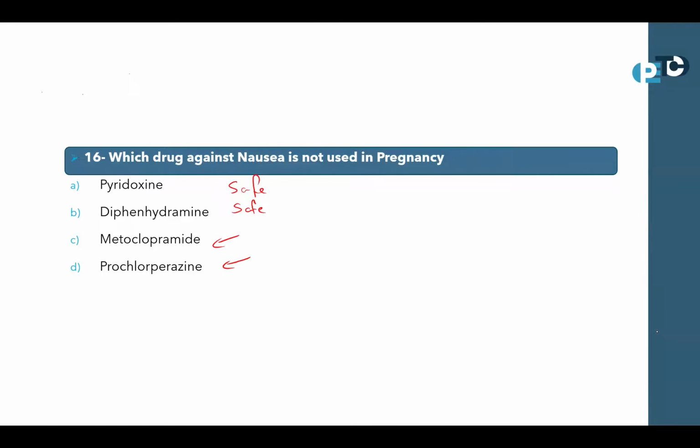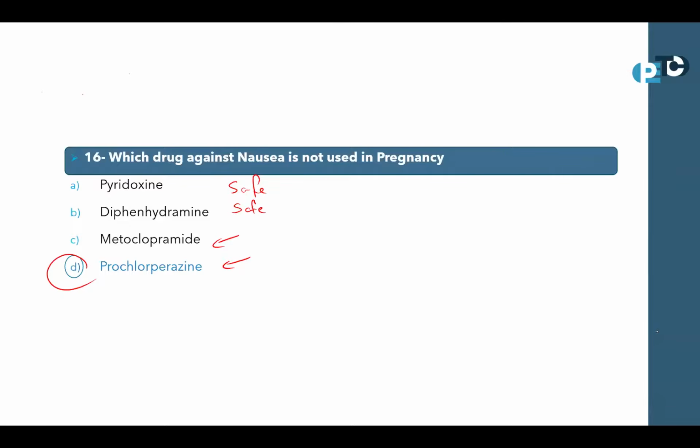The answer here is prochlorperazine. It is not used in pregnancy. It is an antipsychotic, anti-emetic drug. It can relieve nausea. However, it can also cause serious side effects like extrapyramidal symptoms, neuroleptic malignant syndrome, and low blood pressure.